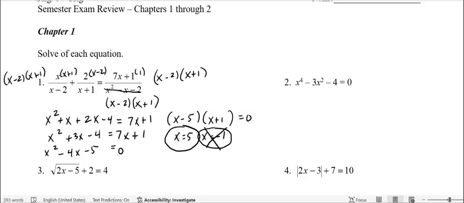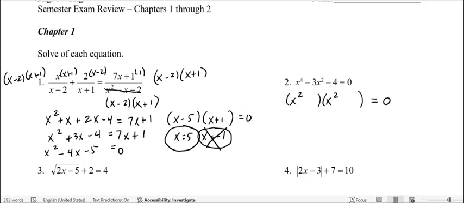All right, number 2 is called a quartic trinomial, but it factors just like we do quadratics. So just think, if this were x to the second, we would have x times x here, but since it's x to the 4th, we just make them both x squared.